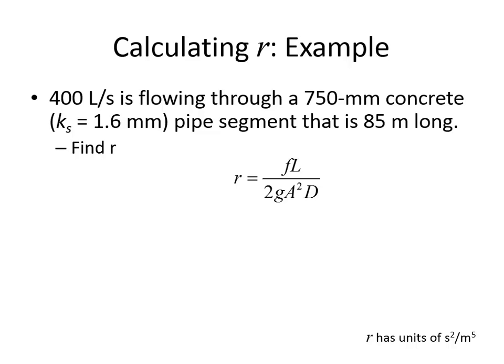All right, so R is going to depend on F. So if we were going to use the fully turbulent flow assumption, then we would just have, remember how I told you can calculate the Jain equation in base 10 log or natural log.